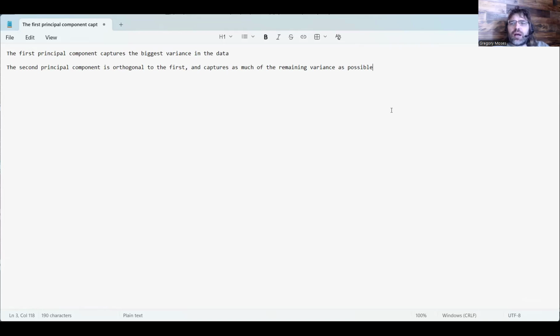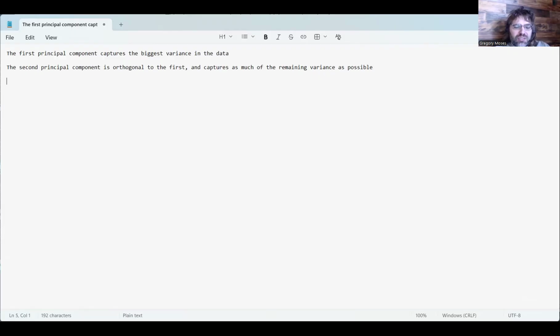Like if you think about a map, you've got the north-south direction and you've got the east-west direction. These vectors are storing different pieces of information and they are orthogonal. They hit each other at a right angle. So the idea that we're not storing redundant information is why we have this orthogonality requirement.